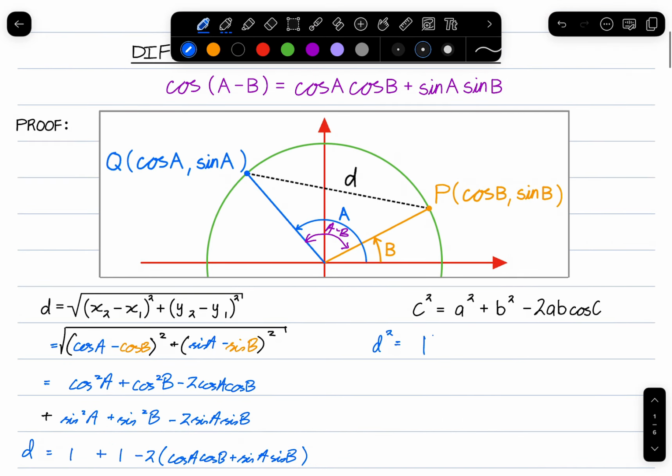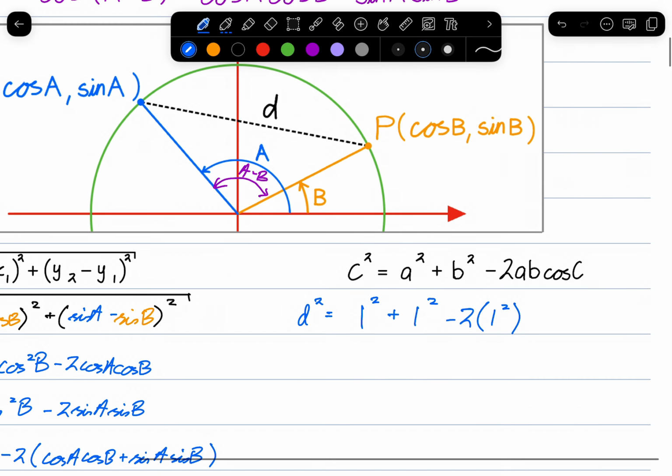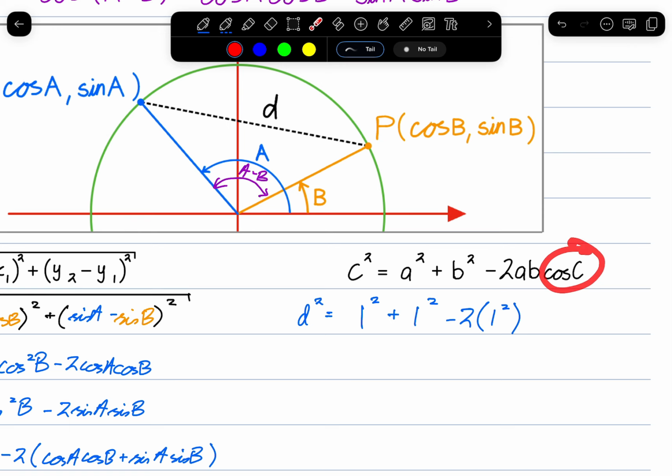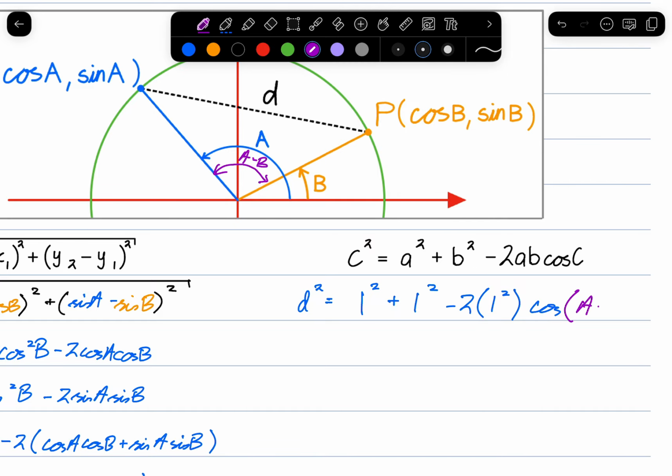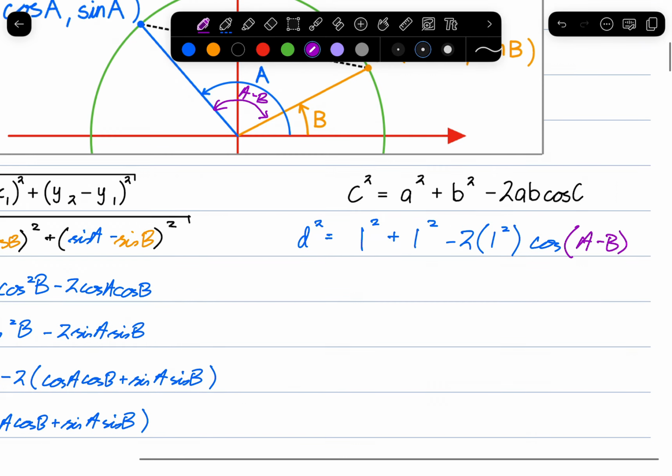So a is 1 squared plus b here is also 1 squared, minus 2 times 1 times 1, so that's again 1 squared. And cos C, and this is the very important thing we're working on here, cos C is this angle here. So it's going to be cos, doing this in purple, of A minus B.